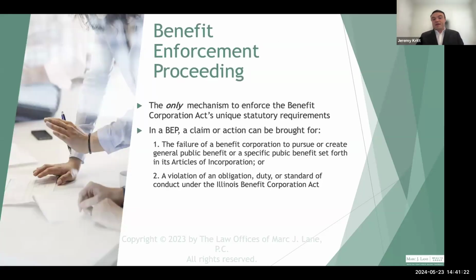The benefit enforcement proceeding is the only mechanism to enforce the Benefit Corporation Act's unique statutory requirements. In a benefit enforcement proceeding, there are only two types of claims that can be brought: the failure of a benefit corporation to pursue or create its general or specific public benefit, or a violation of an obligation, duty, or standard of conduct under the Illinois Benefit Corporation Act.